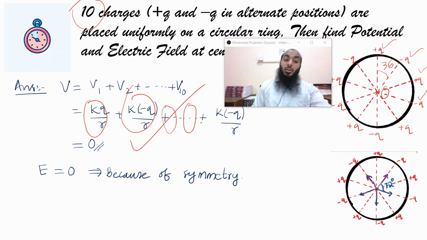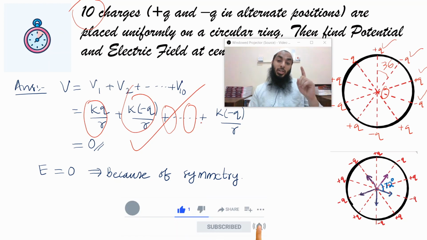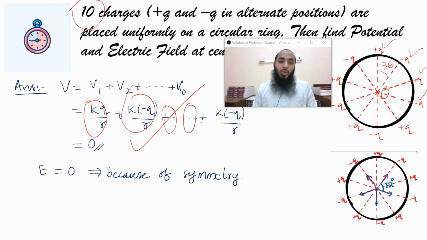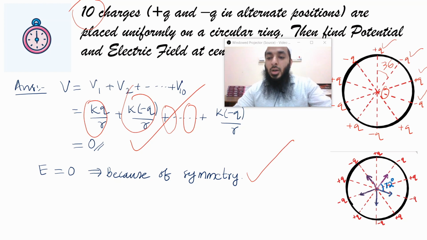But electric field, many students will think that potential is a scalar so it becomes 0, but electric field is a vector, so it will not be 0. That's the logic that many students right away put, but that's not the case. E also is equal to 0, because you see, the electric field will get added up.